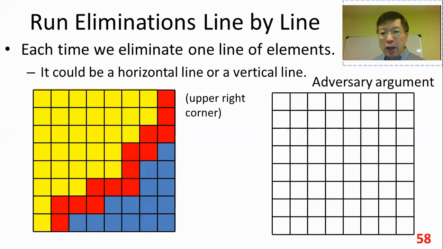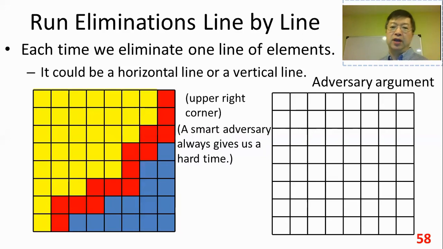It is called adversary argument. So here I use this example to introduce this adversary argument. So what's that? Let me explain its meaning. We just imagine there is a smart adversary, and this adversary always gives us a hard time.